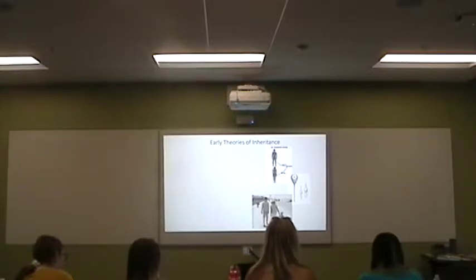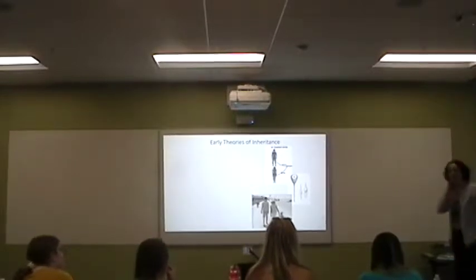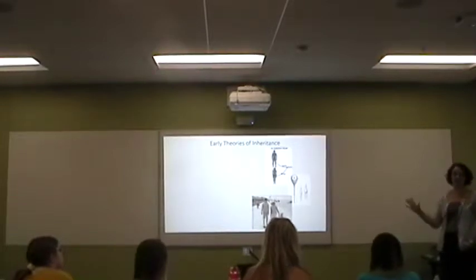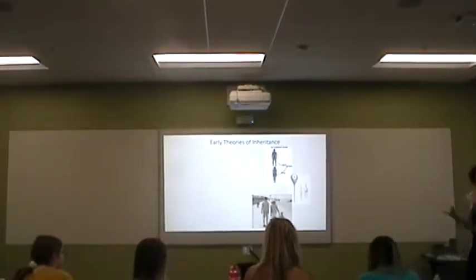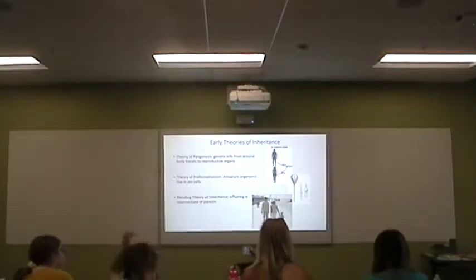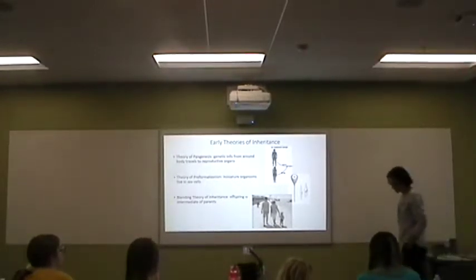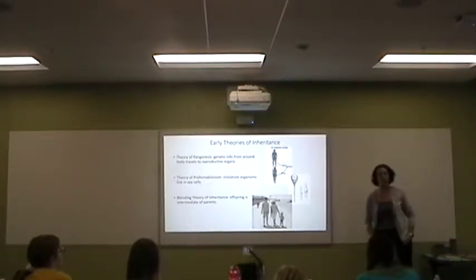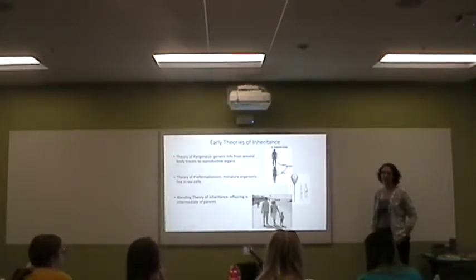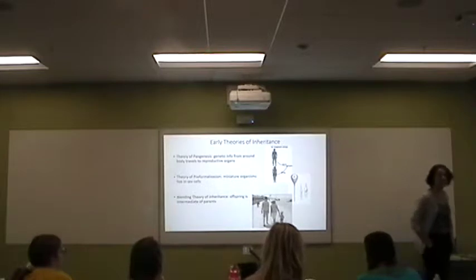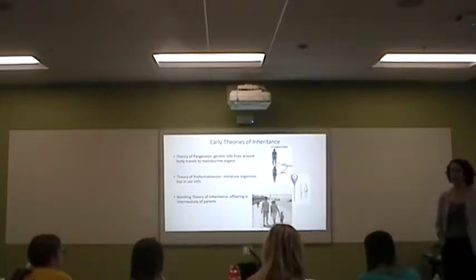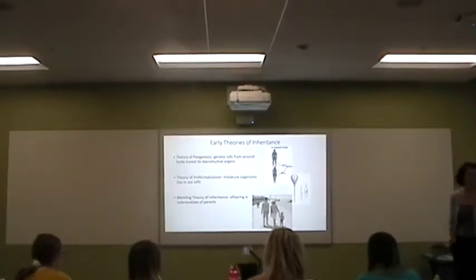Okay, so we will move into our inheritance material, and actually we're going to see meiosis again here, so we get another opportunity to review it. I ended on Wednesday talking about the early theories of inheritance. It wasn't until the early 1900s that we knew about chromosomes. It wasn't until the 1940s, 1950s that we knew DNA was our actual unit of inheritance, right?